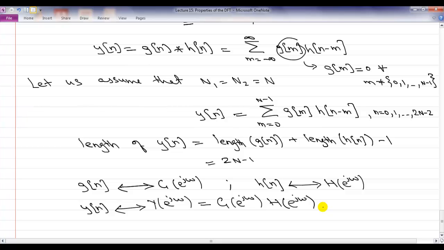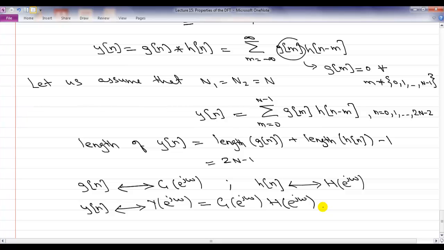What is the purpose of this discussion? We want something similar in the world of DFT. We have one sequence, you compute its DFT, you get another sequence, you compute its DFT, and somehow we want to multiply the DFTs of those two sequences and get something similar to linear convolution. But just like the argument we made for circular shift, we cannot explicitly get linear convolution.